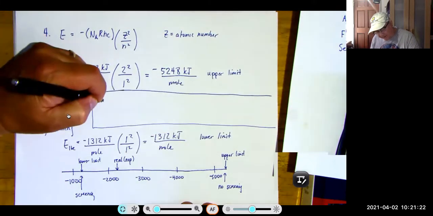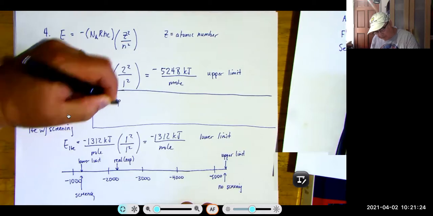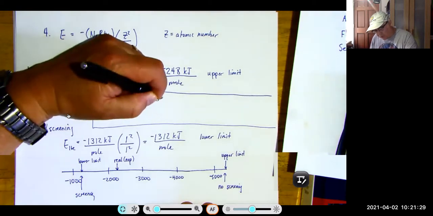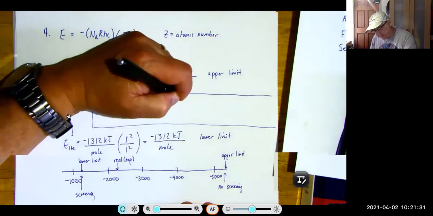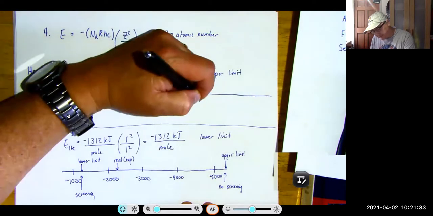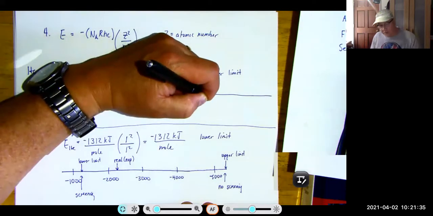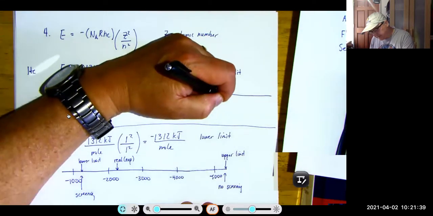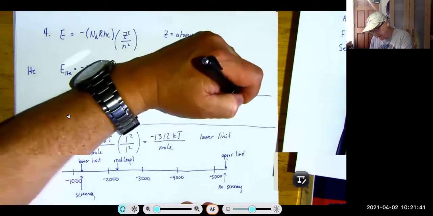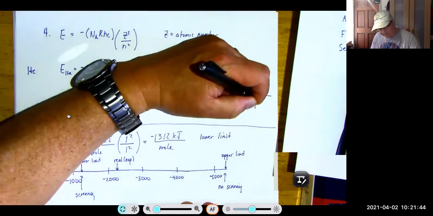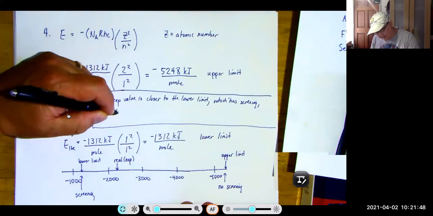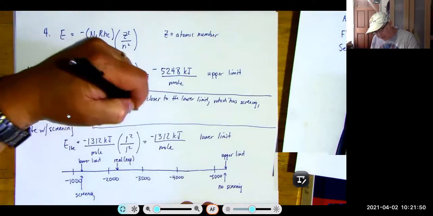Since the experimental value is closer to the lower limit, which has screening, the ability of electrons to screen is pretty good.